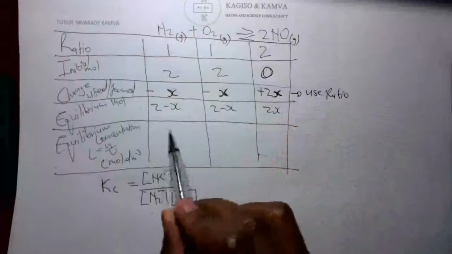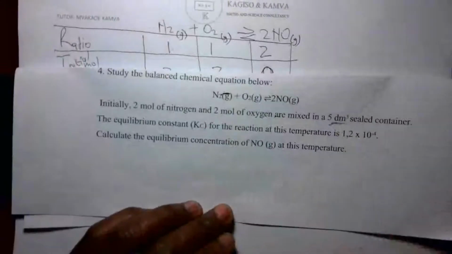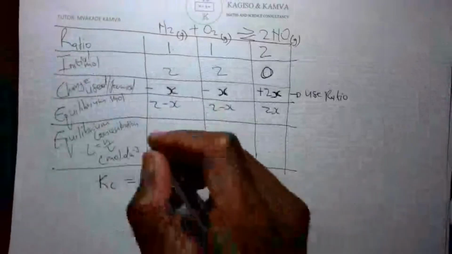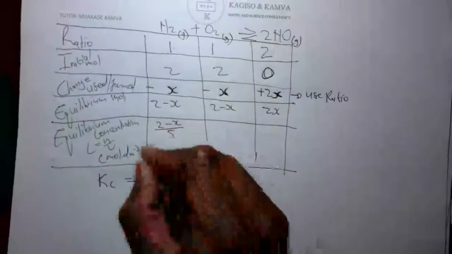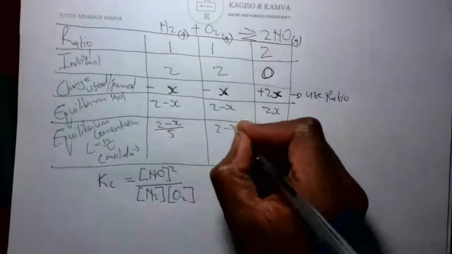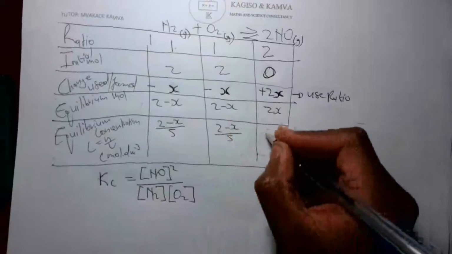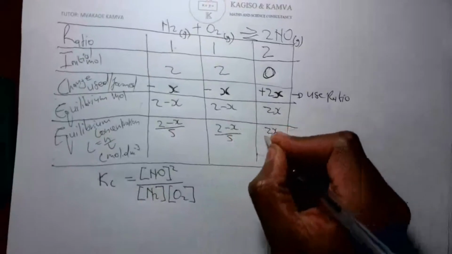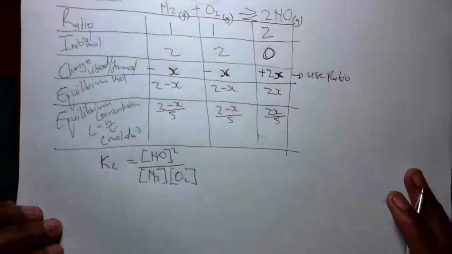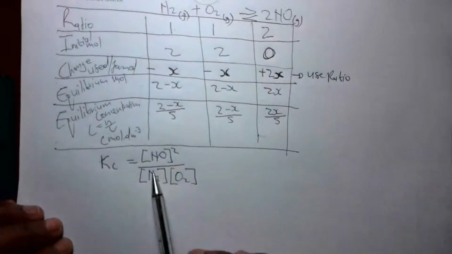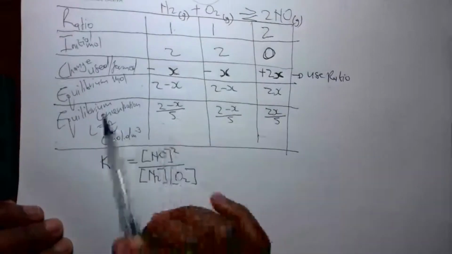For equilibrium concentration, we are told that the volume of the container is 5 decimeter cube. So this is going to be 2 minus X divided by 5. This is the equilibrium concentration, 2 minus X divided by 5. And here this is going to be 2X over 5. So I come to my Kc, since I have the concentrations at equilibrium.